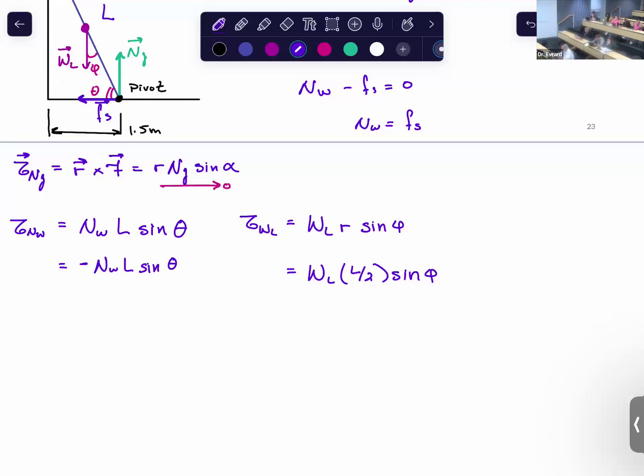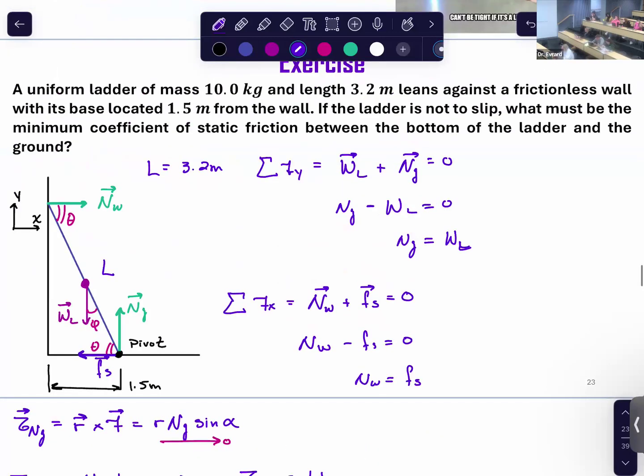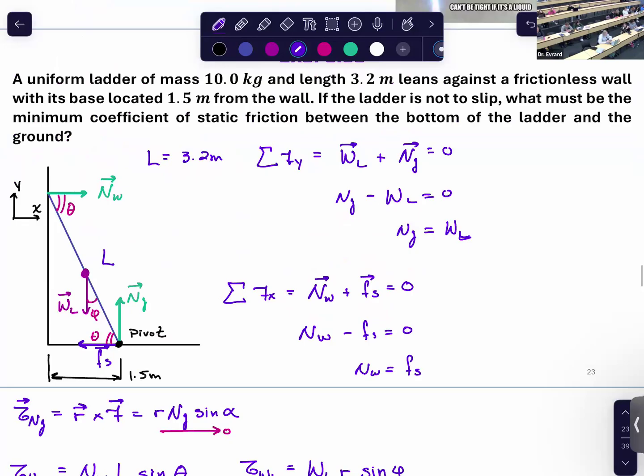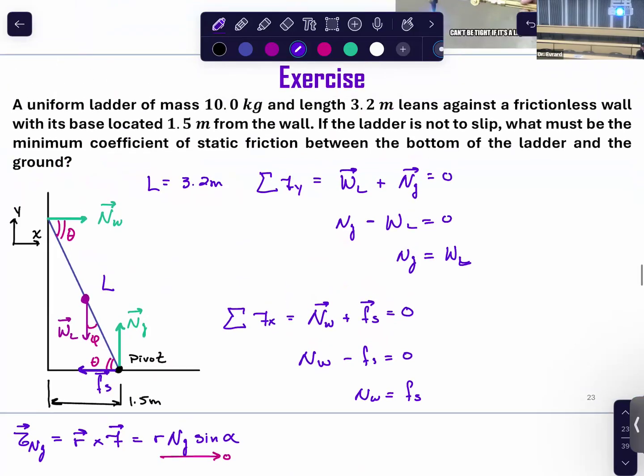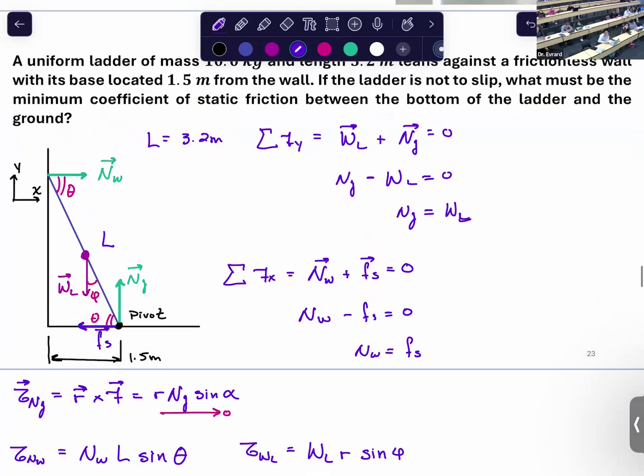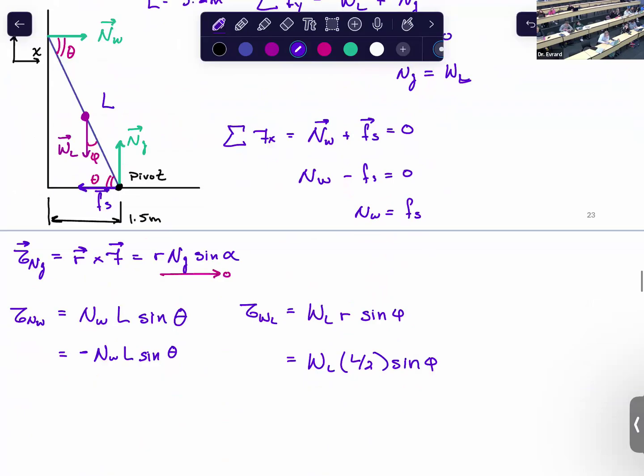But we have a problem. We actually don't know what phi is. Can we figure out one of the angles? How?